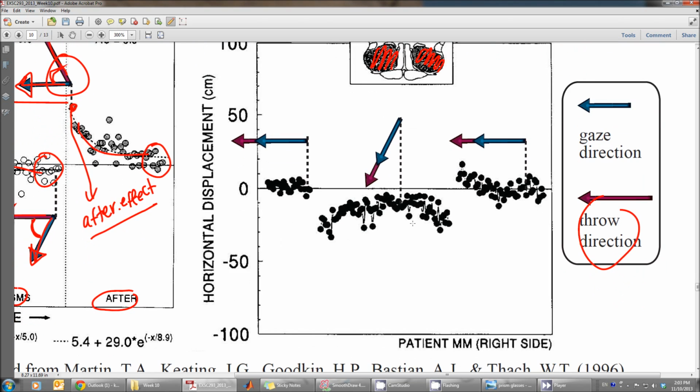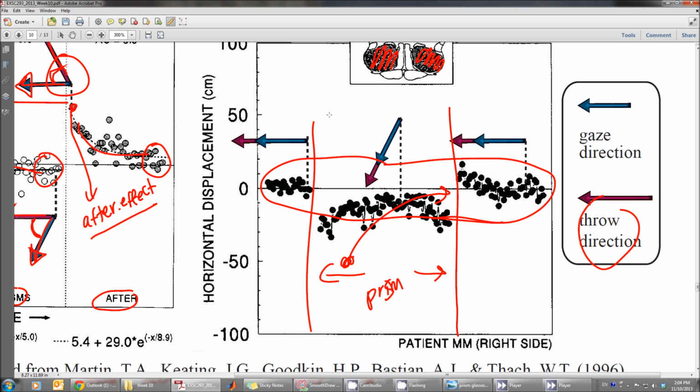Their pattern is, this is before the prism glasses, this is during the prism glasses, and that's after taking off their prism glasses. Most of the time they're hitting the bullseye before wearing the prism glasses.